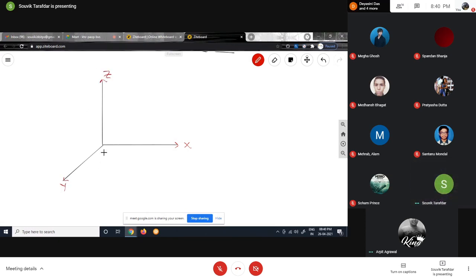Okay students, now see one thing, can you see this xy plane? This plane is the xy plane.